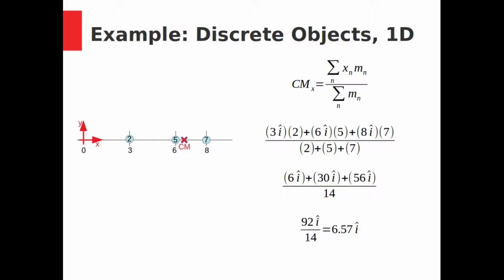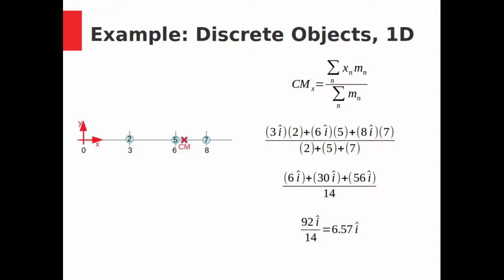The center of mass is determined by this equation, assuming that you have discrete particles. For each asteroid, take its location, that is its x-coordinate, multiply by the mass, then add all of those products up, and finally divide by the total mass. That's easy enough.